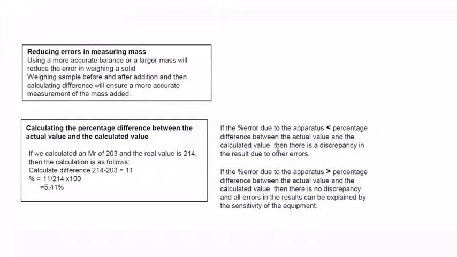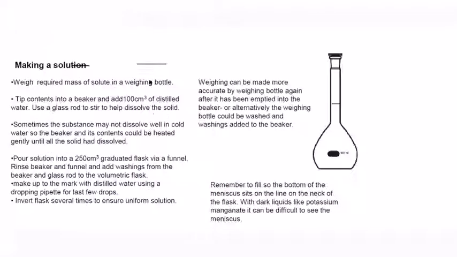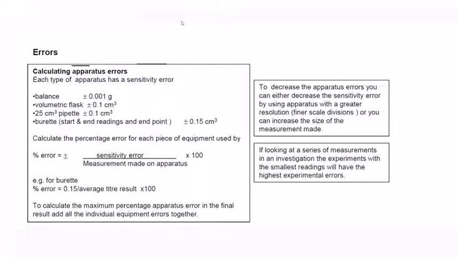So how can we reduce this error in measuring the mass? Use a more accurate balance or use a larger mass. If I use a higher precision balance, the error will be reduced. If I measure a higher mass, the error will be reduced.